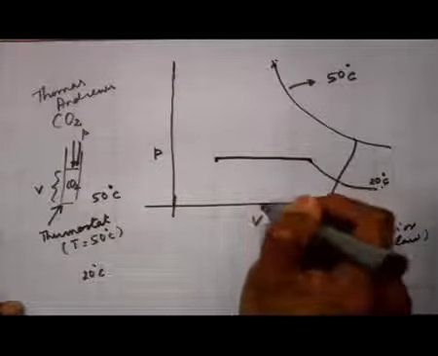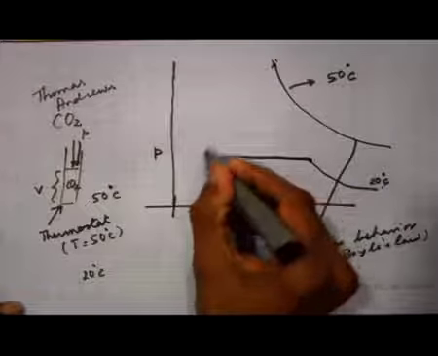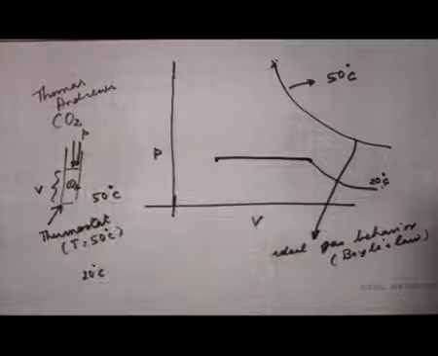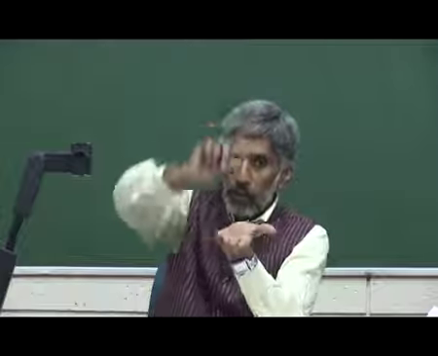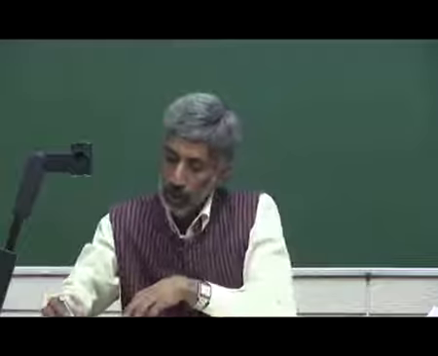After that, for any small change in the volume, you have to raise the pressure considerably. What does that mean? If I have a liquid, for example liquid water, even for a small change in the volume of the liquid, I have to raise the pressure very, very high, which means the curve goes something like this.